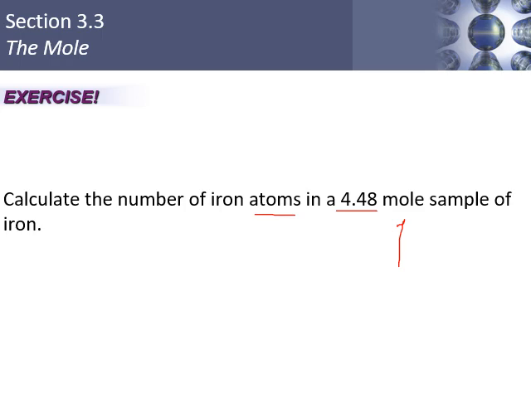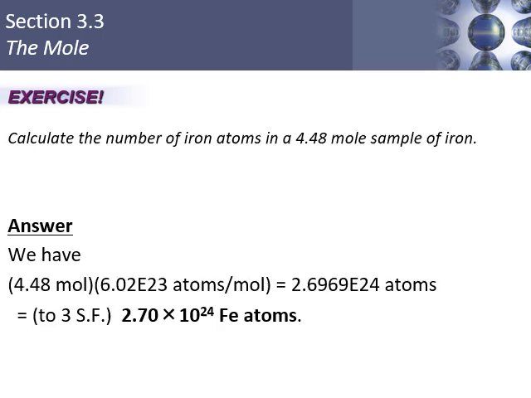Next slide. Okay, so multiply the 4.48 moles times the 6.02 times 10 to the 23rd atoms per mole, and you get 2.6969 times 10 to the 24th atoms. And then if you round it off, 2.70 times 10 to the 24th atoms. Next slide.